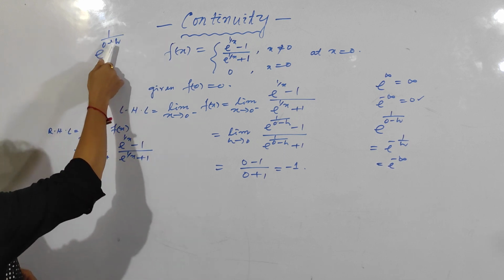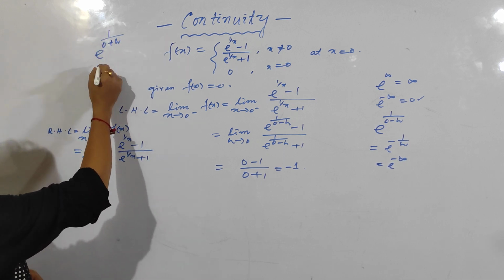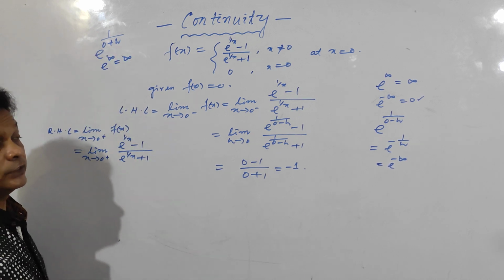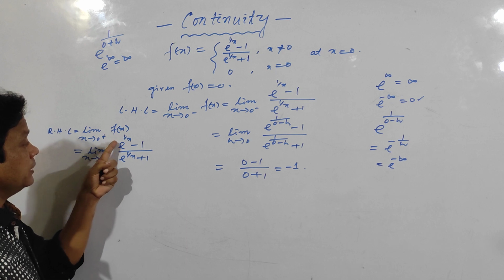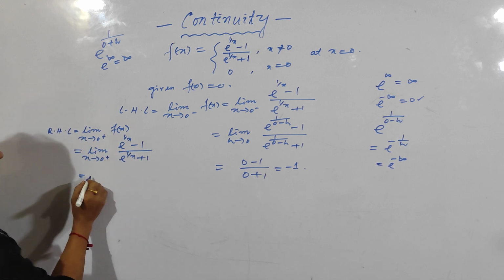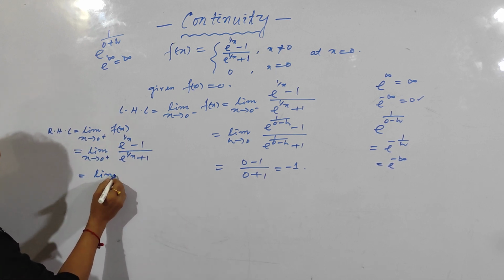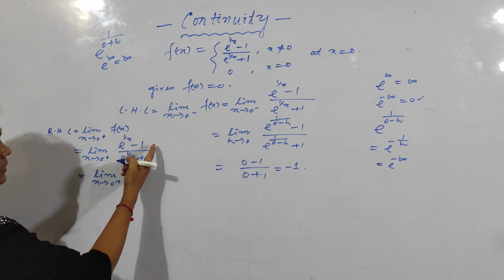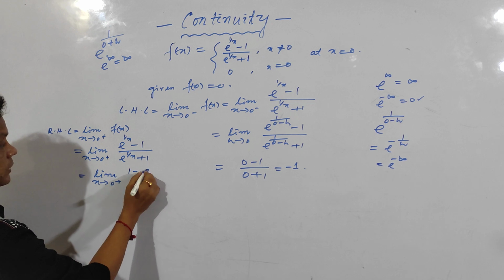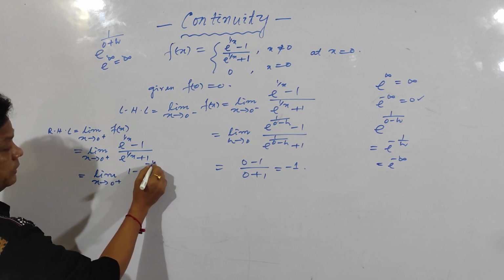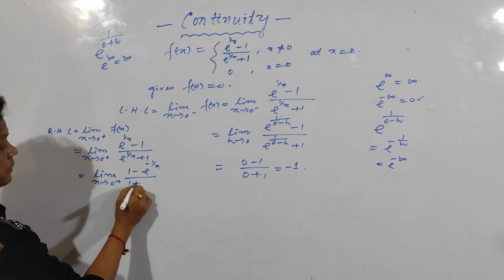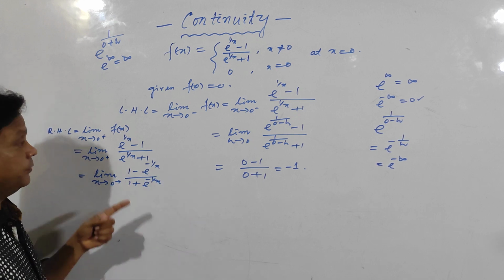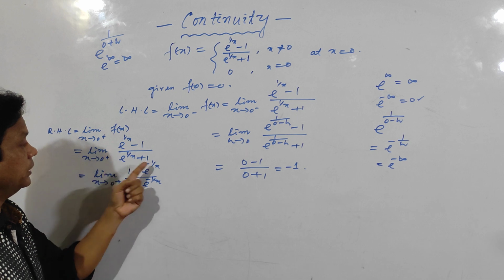Clear? So if it extends to 0, then 1 by 0 is infinity, it will become e to the infinity, which is infinity. So this is undefined. So in that case, you should divide this term in the numerator and denominator. I have already told this in the left hand limit and right hand limit. So divide e to the 1 by x in the numerator and denominator. It will become 1 minus e to the minus 1 by x divided by 1 plus e to the minus 1 by x. Clear? I am dividing this term, it is 1 by x in the numerator and denominator.